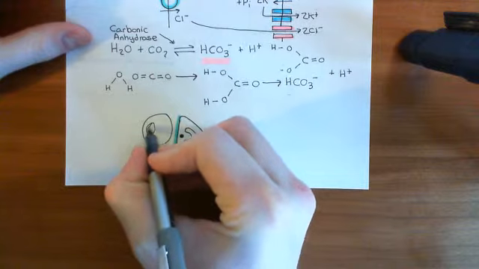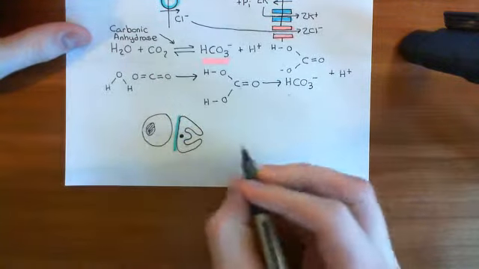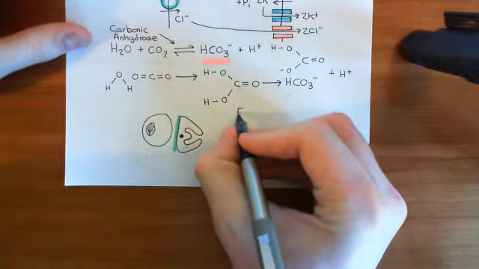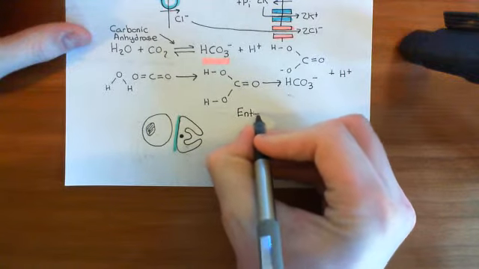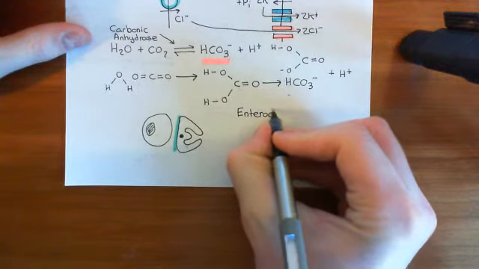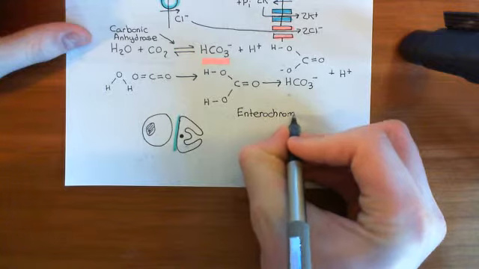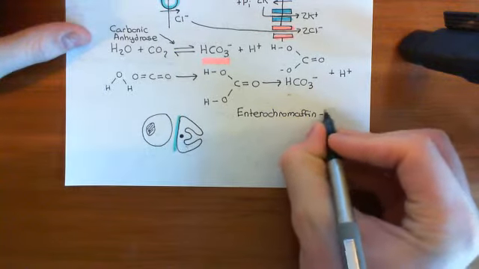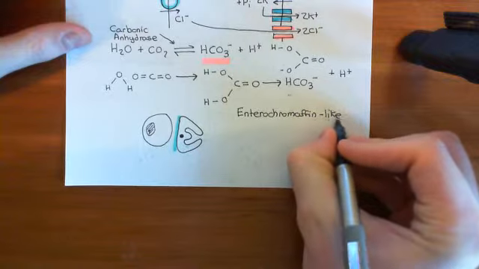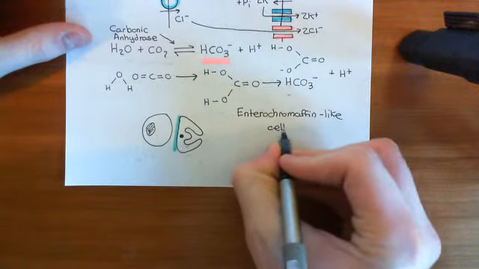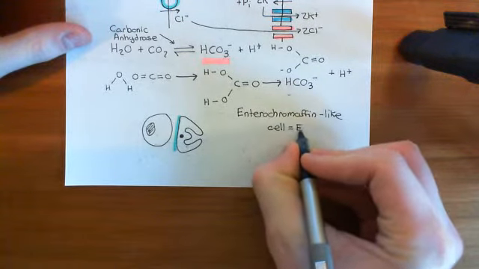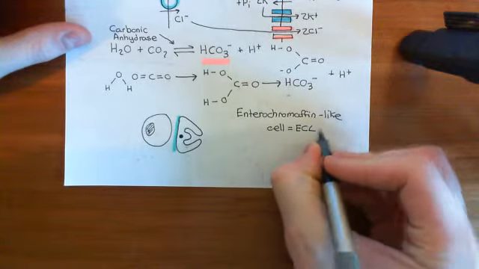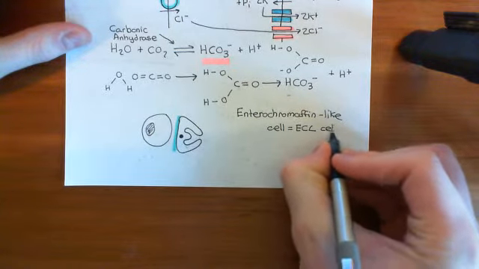I'll give it a nucleus. Okay, so here is its nucleus. So this is an enterochromatin-like cell. Okay, and enterochromatin-like cells are often abbreviated to ECL cells. So enterochromatin-like cell or an ECL cell. E for entero, C for chromatin, L for like, and then cell.